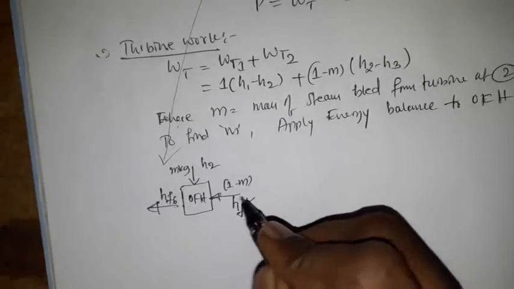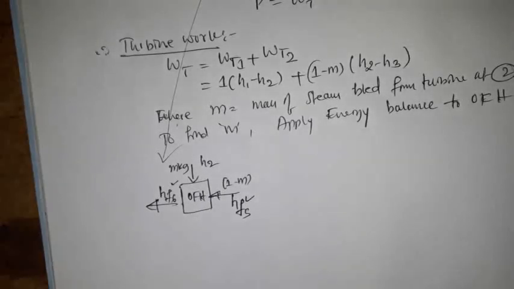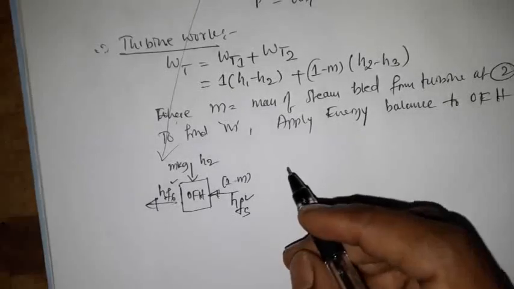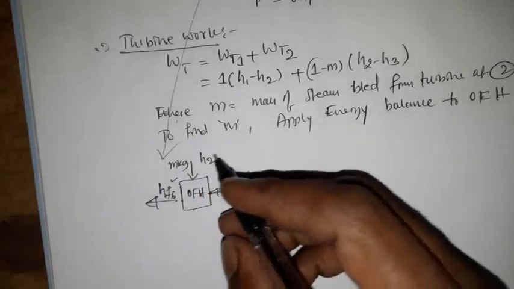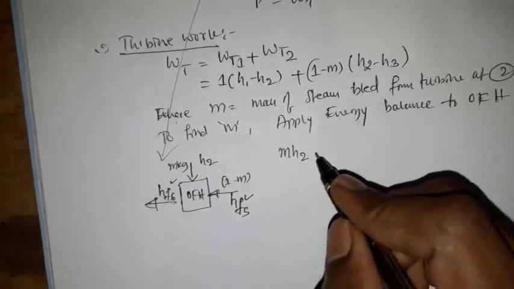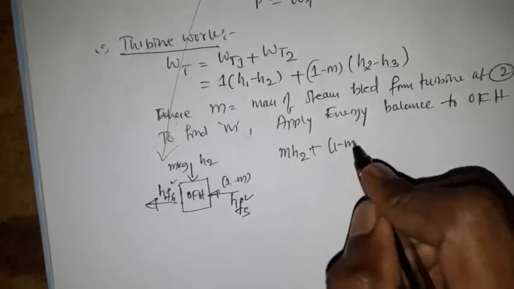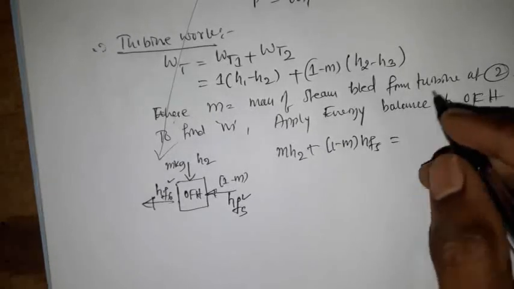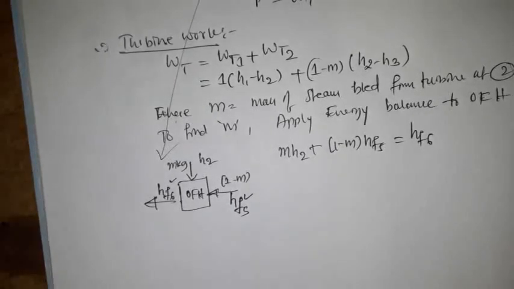So why is F used? Because the working fluid is in liquid state at these two states. So now applying energy balance for this, that is m into H2 plus 1 minus m into HF5, which is equal to HF6.